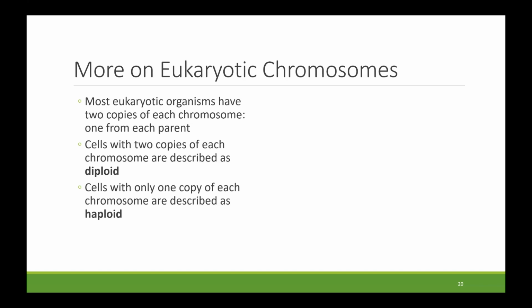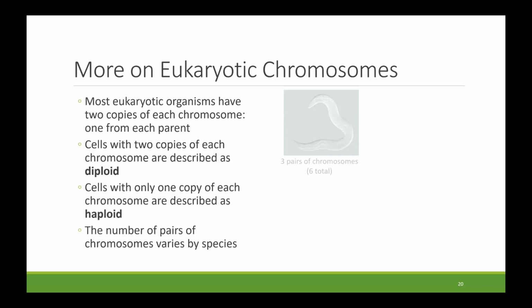And while there are 2 copies of each chromosome in most eukaryotes, the number of the pairs of chromosomes varies quite widely depending upon what species you're talking about. So for example, this image shows a type of microscopic roundworm. This is a species known as C. elegans, and it has 3 pairs of chromosomes, or in other words, 6 total.